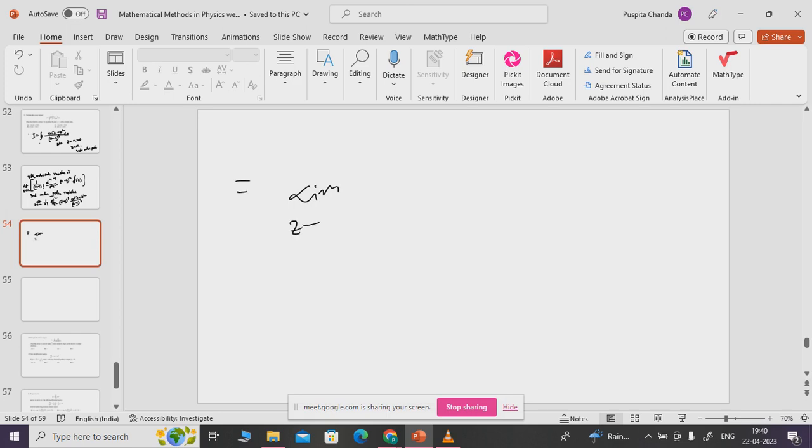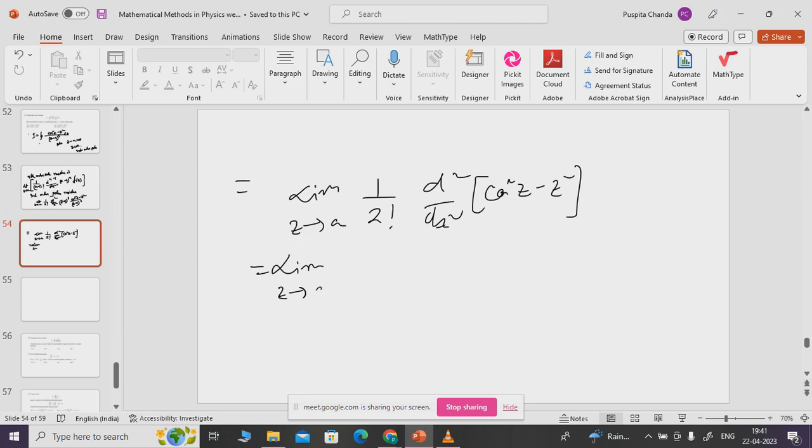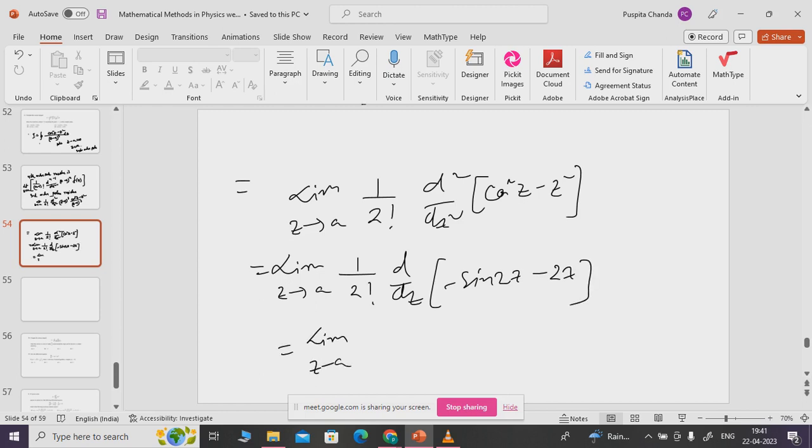So it will become limit z tends to a, 1 by 2 factorial d squared over dz squared of cos square z minus z square. So 1 by 2 factorial d over dz of minus sine 2z minus 2z.